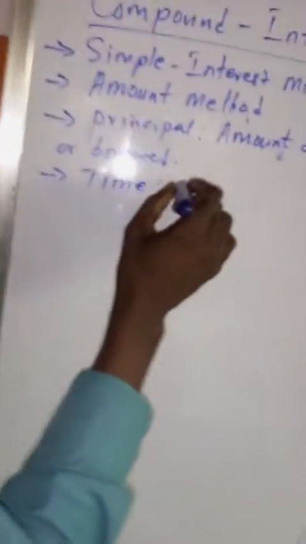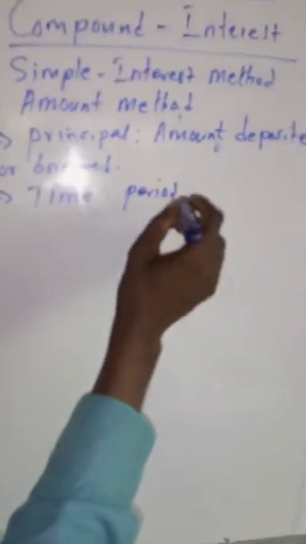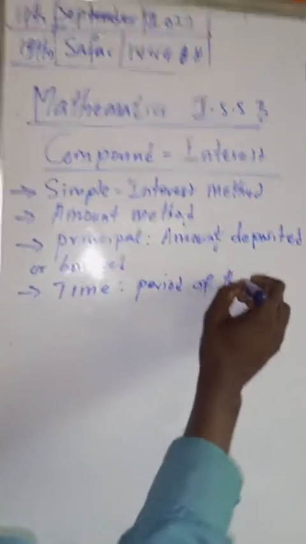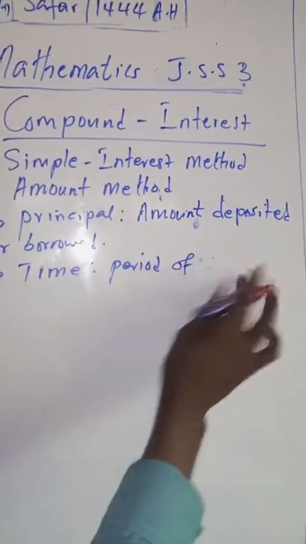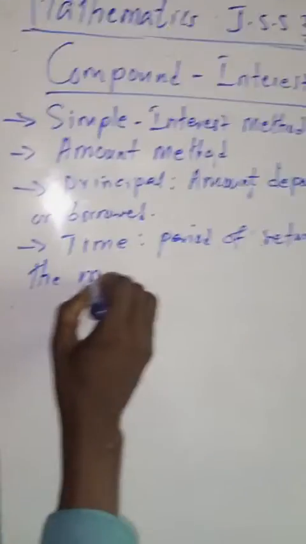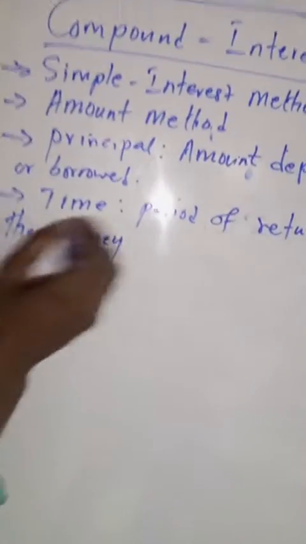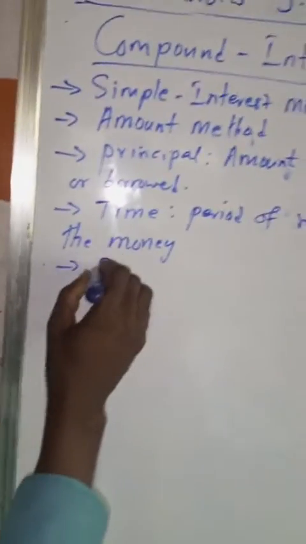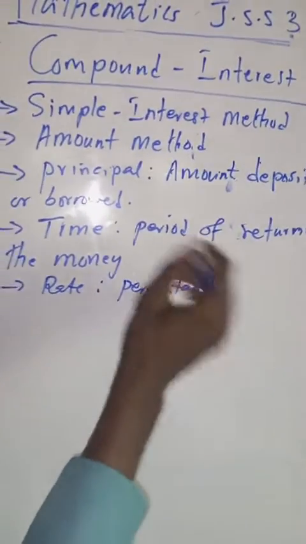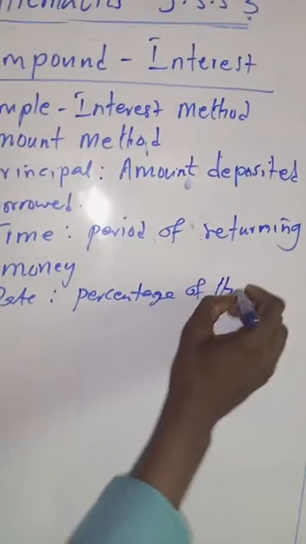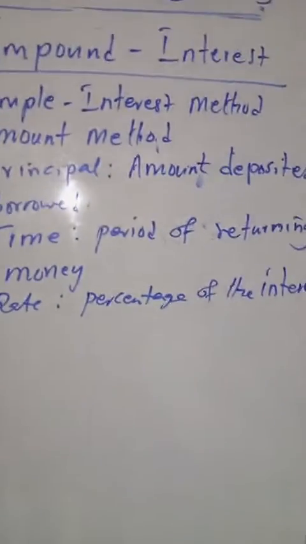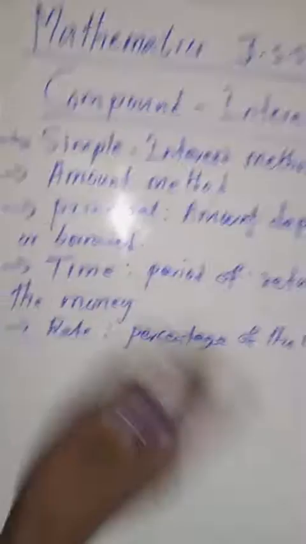Time is the period of the money, either the period of returning the money or the period it's used in the bank. And we have rate, that is the percentage of the interest. So these are the things that we deal with.